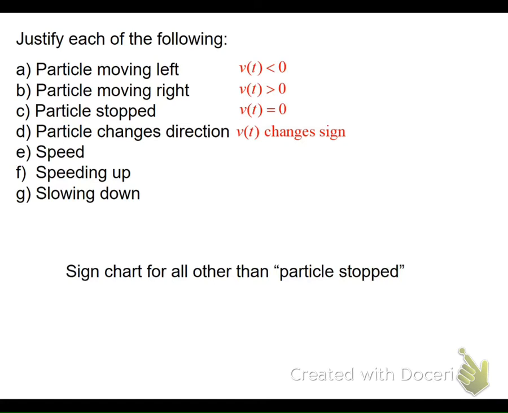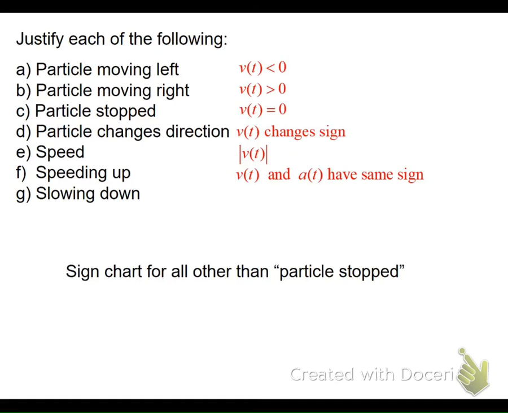Speed in general is the absolute value of velocity. And if you're looking at a graph, that can be enough information for you to visualize the answer. But speeding up and slowing down, again, on a graph, you can figure that out. But the formal justification and what you need if you have an equation instead of a graph, speeding up is when velocity and acceleration have the same sign.